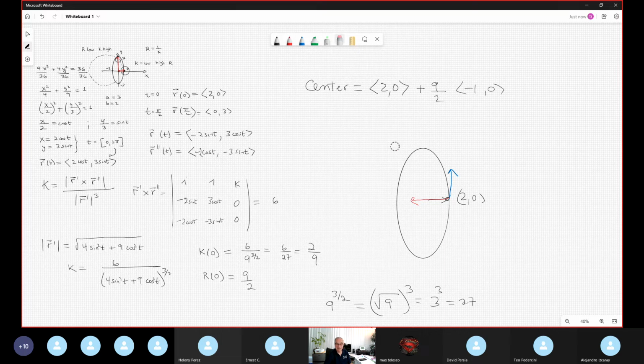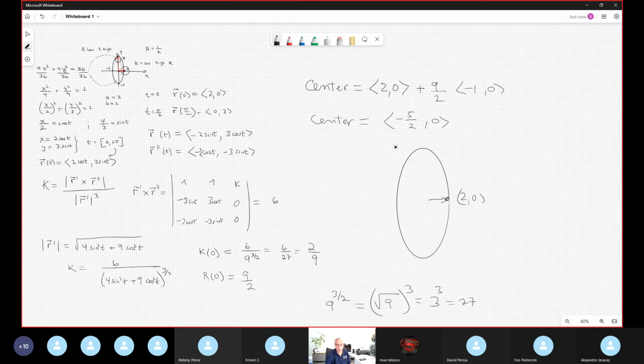Okay, so now this is the formula, guys. The center of the osculating circle is the point we analyze plus the radius of the osculating circle multiplied by the normal vector. The normal vector, using intuition, is this. So now we compute that. It's easy. The center is located at the point negative 5 over 2, 0, o sea, negative 2.5.